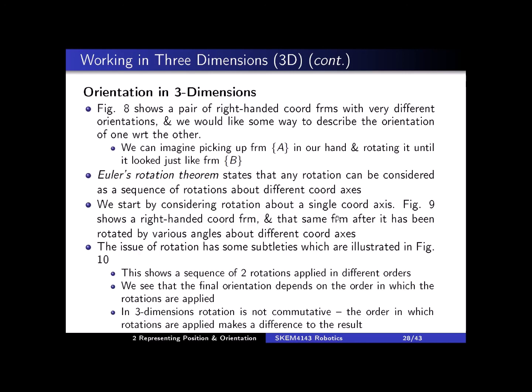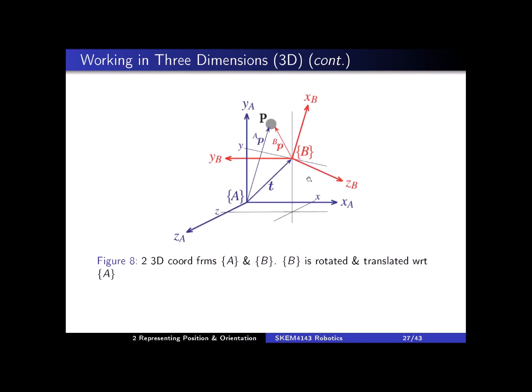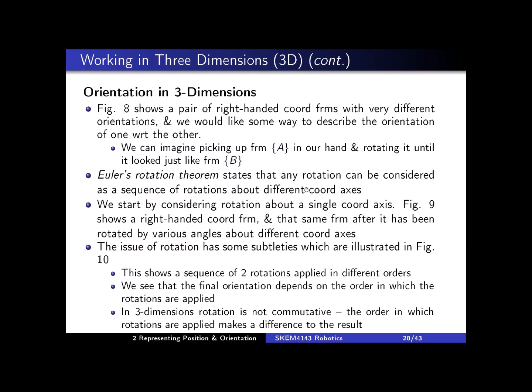So according to Euler's rotation theorem, you can absolutely obtain this by rotating this through a series of rotations about different coordinate axes. So maybe first you rotate about Z by a certain angle, and then you rotate a certain angle about Y, and then finally you end up here.